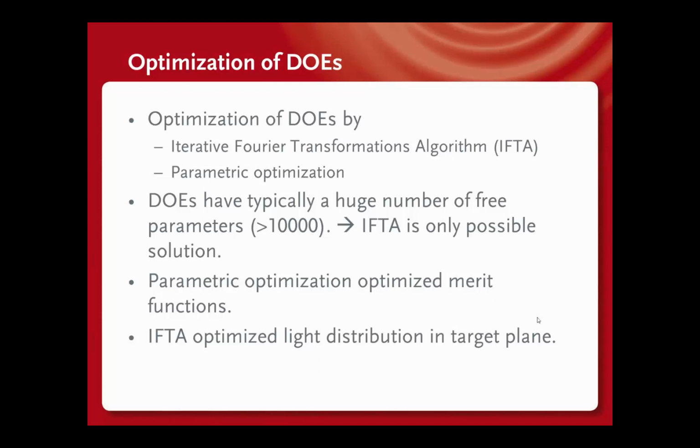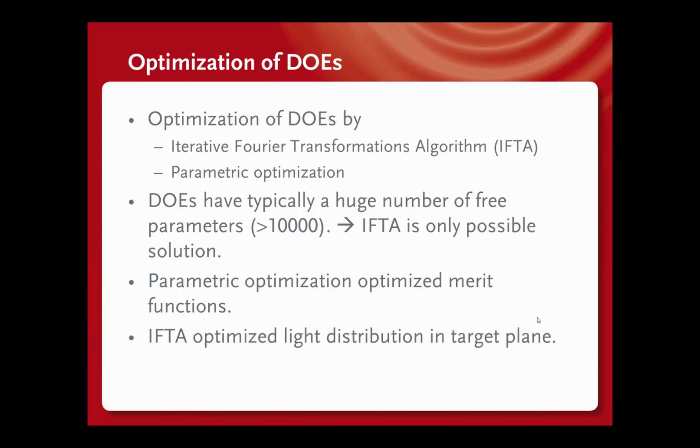What is the difference between parametric optimization and the IFTA algorithm? If you run a parametric optimization, you need to define a merit function, and this merit function is optimized by a specific local or global optimization approach. That means any light distribution that you would like to get needs to be translated into a merit function, and this merit function is optimized.